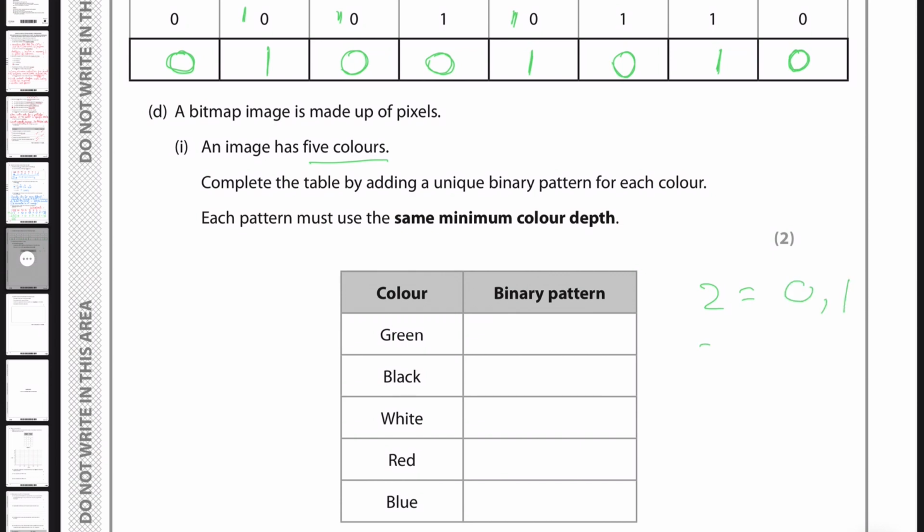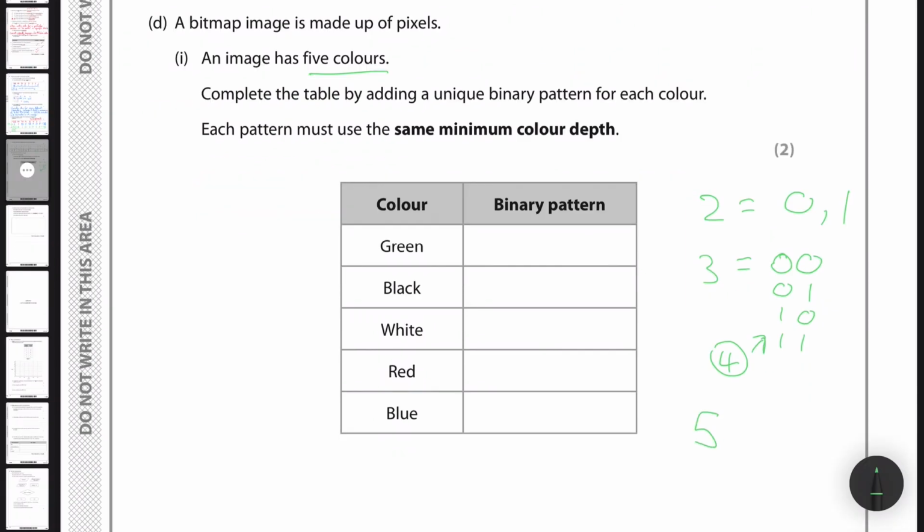Okay, 3 colours would have to be 0, 0, 0, 1, 1, 0, 1, 1. Okay, and the same for 4 colours there. But for 5, we would need to add a third bit. So we could go 0, 0, 0, 0, 0, 1, 0, 1, 0, 1, 0, 0, and then we could possibly do 1, 1, 1 at the end.